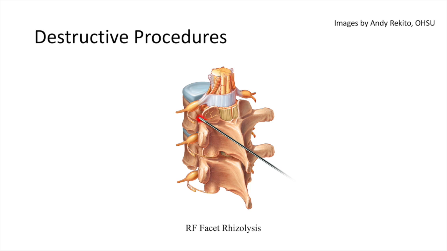Alternatively, the RF electrode can be directed to the nerve innervating the facet as it passes over the pars interarticularis, so-called facet rhizolysis. Since the facet is innervated by the medial branches of the spinal nerves above and below the facet of interest, at least 3 levels of facet rhizolysis must be completed to obtain pain relief.